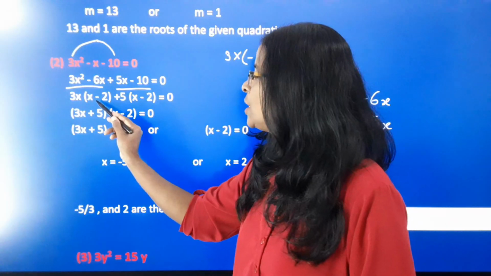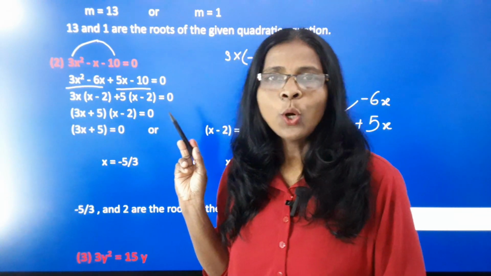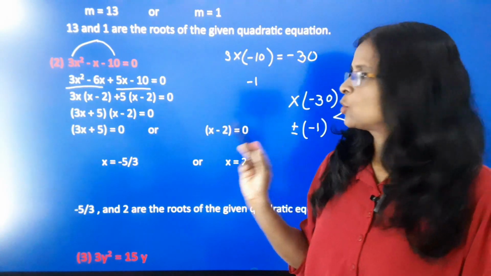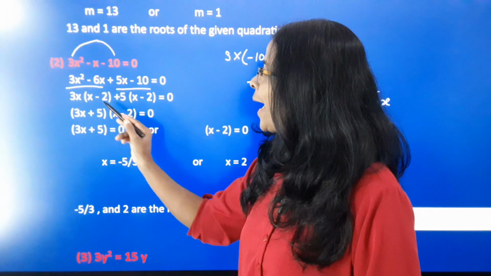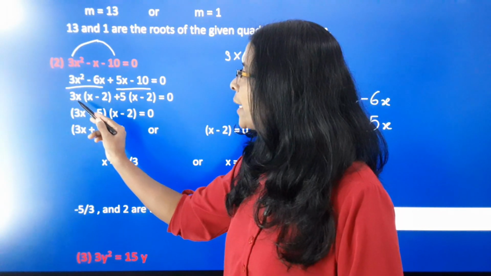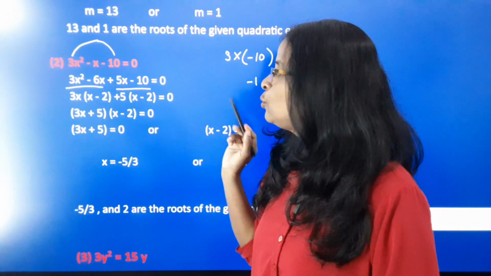Now here we have the same bracket x minus 2. So x minus 2 in the first bracket and the remaining in the second bracket, that will be 3x plus 5, which is equal to 0.